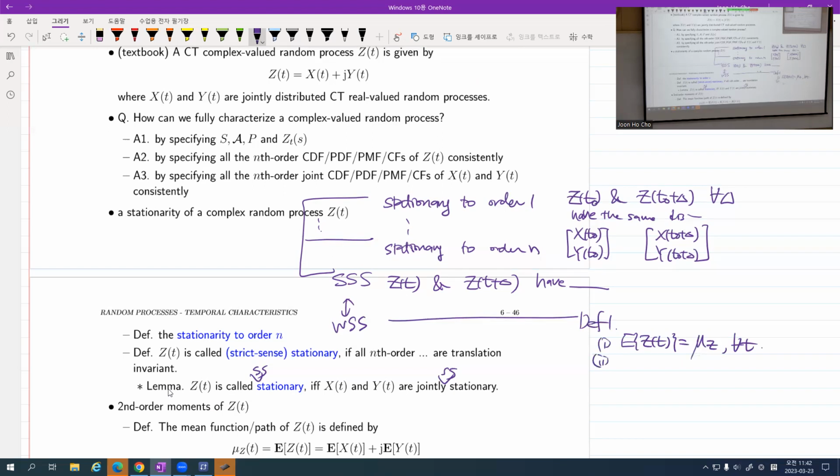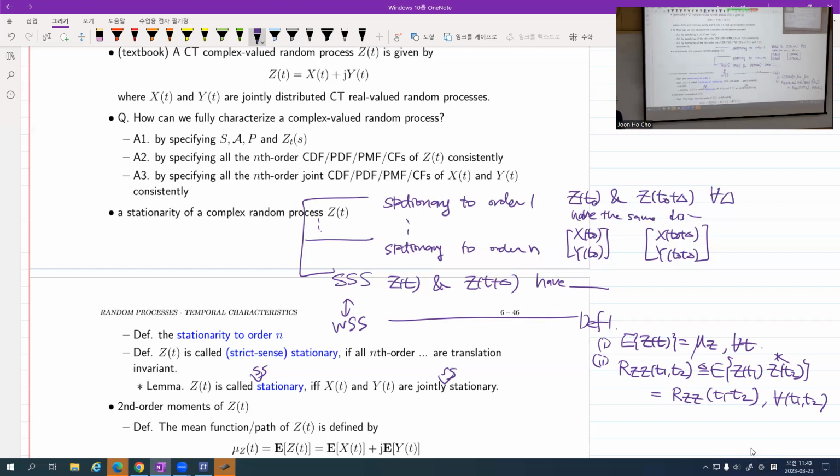They use the autocorrelation function, defined as the expected value of Z of t1 times Z of t2 conjugate, equals some function, though we use the same name R sub ZZ, that depends only on the time difference, for all pairs t1 and t2. Some people say it this way. And I really hate it, but this is a so popular definition.